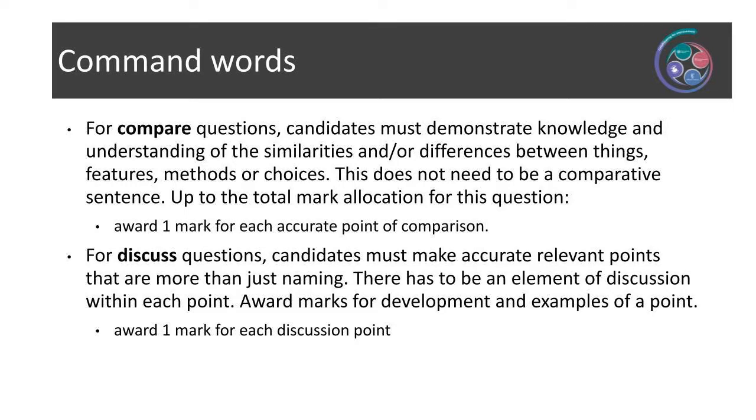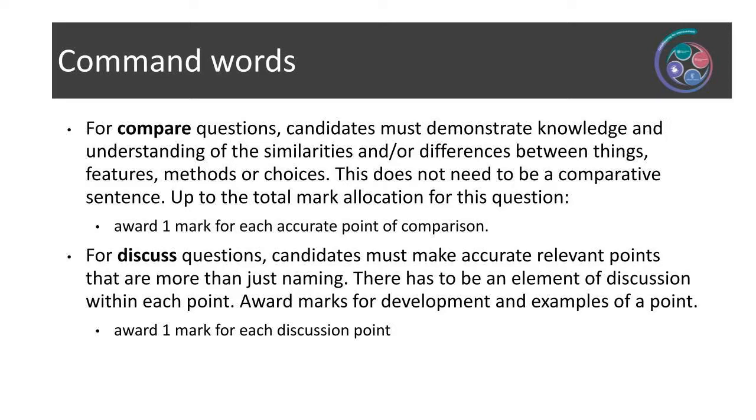The other command word we've got here is the discuss command word. For discuss questions, candidates must make accurate, relevant points that are more than just naming the concept or naming the method or naming the features. You've really got to provide some detail, and there has to be an element of discussion within each point.